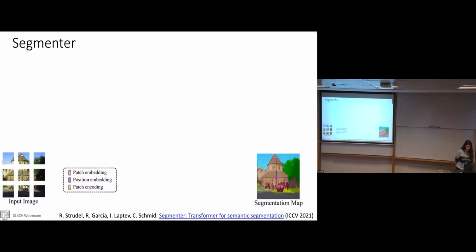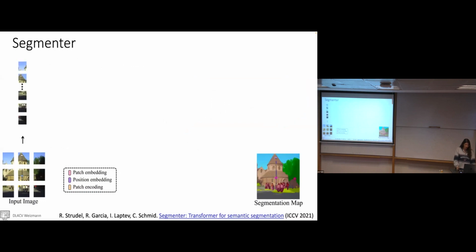So what is Segmenter and how does it work? Like we saw before in a transformer that works on vision input, we're gonna divide the input image into patches, and this is our desired output, the segmentation mask map.